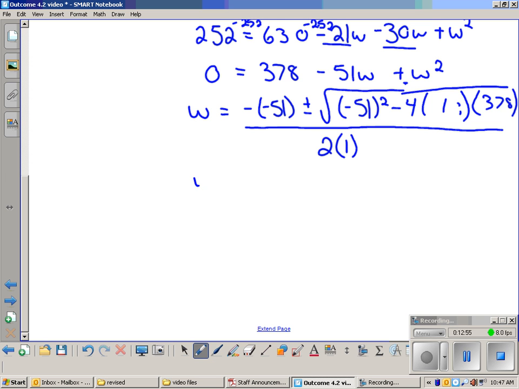Remember, the square root sign goes all the way across. So I end up with w is equal to 51 plus or minus the square root. When I simplify under that square root, I end up with 1,089 all over 2.